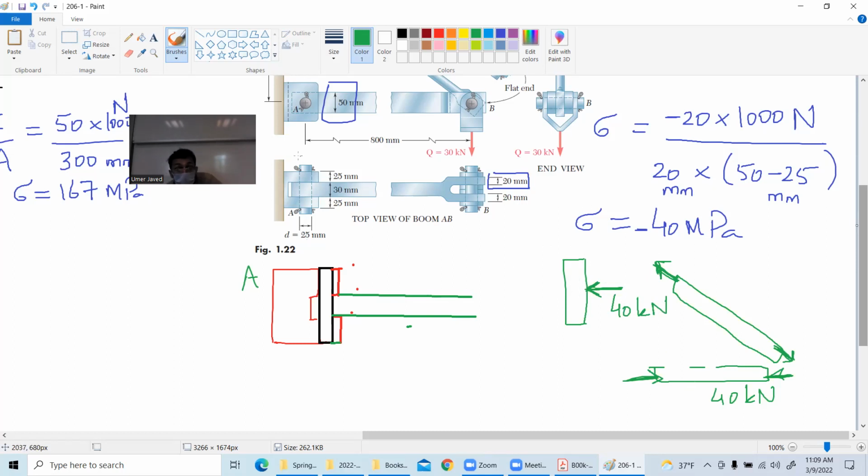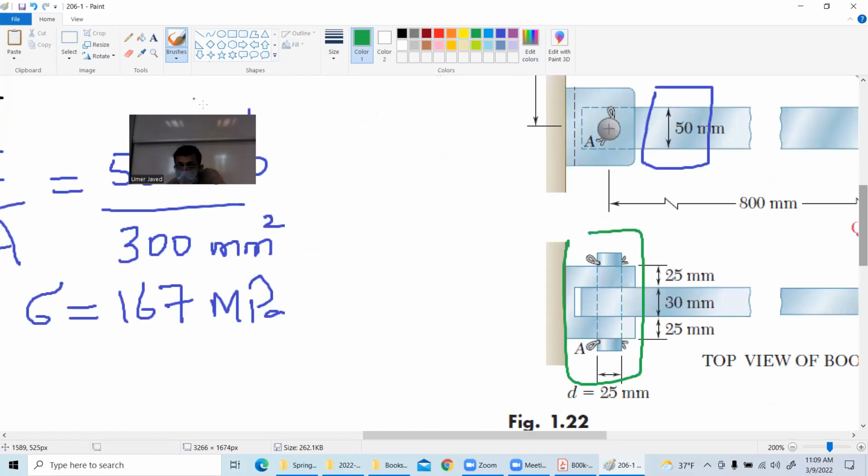Then I will again look at this pin and I will say this poor pin, where is it? It's not visible. Let me zoom in. Where is it? Yeah, now it's visible. Now, this poor pin, force is in this side and these legs are putting load like this on this pin. Are you getting my point?